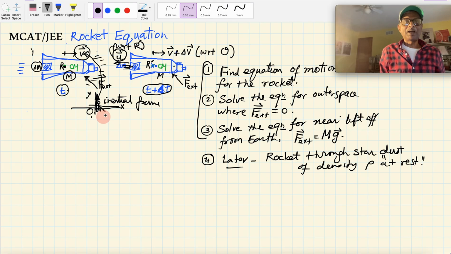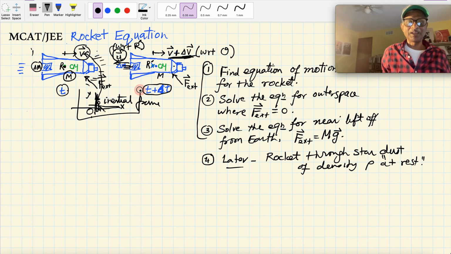But when I'm here, I see this guy going with a changed velocity, used to be v, and now it has this much velocity, a different velocity. So first write down the velocity of each of those pieces with respect to the same frame. Let's write that down.